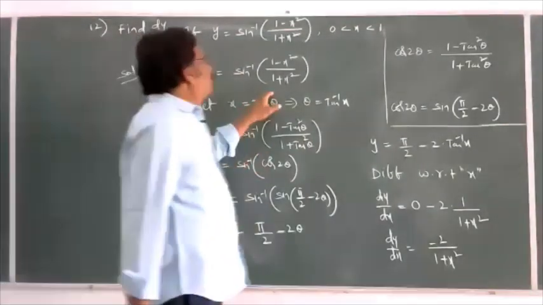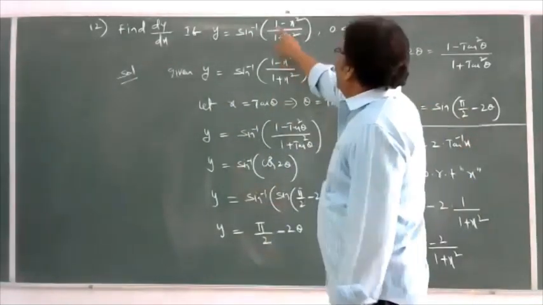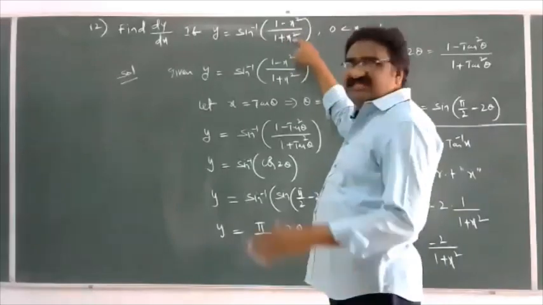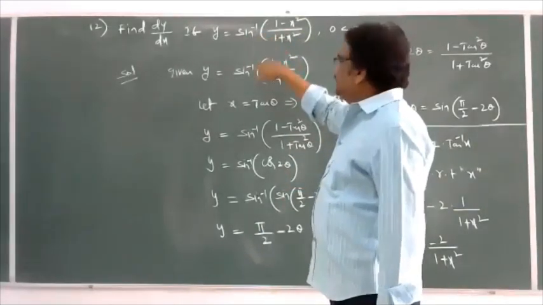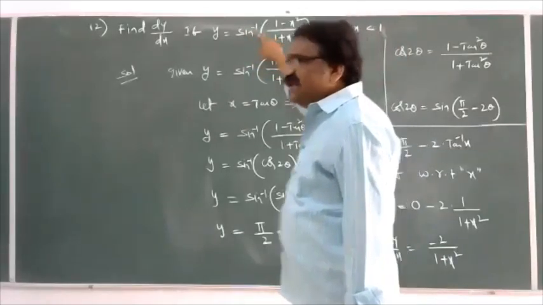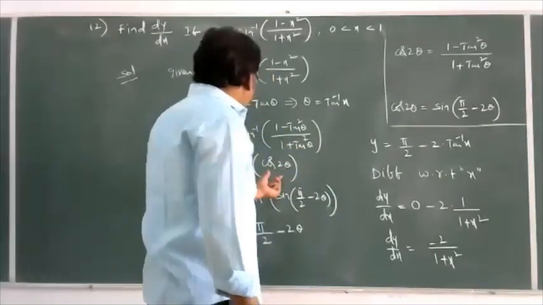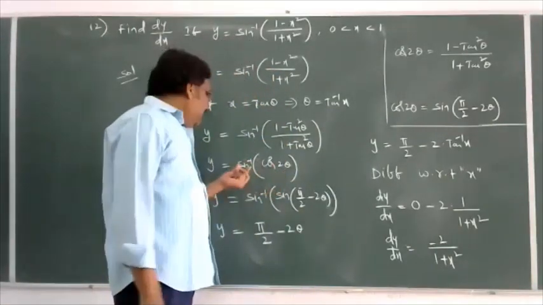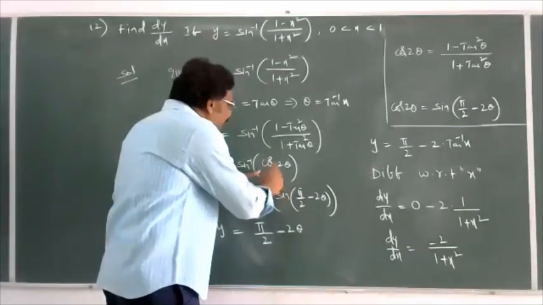Here, the substitution is the same as in the previous problem, since (1 minus x square) by (1 plus x square) is the same. In the previous problem, cos inverse was given; in this problem, sin inverse is given. That's why the substitution is the same. But here you get cos 2 theta, and since sin inverse is there, it can be converted into sine.